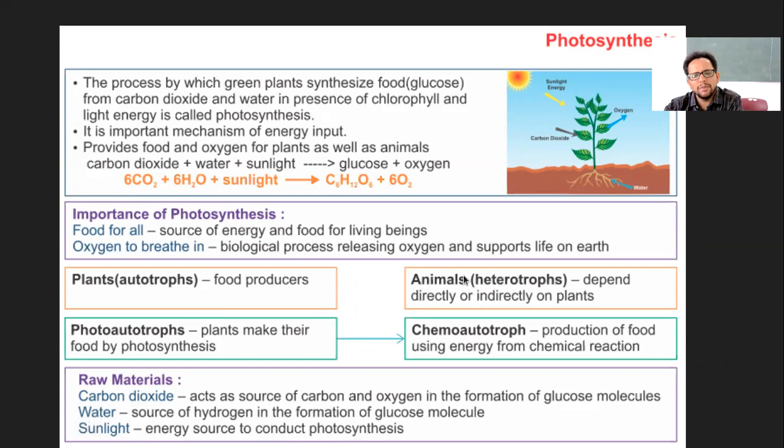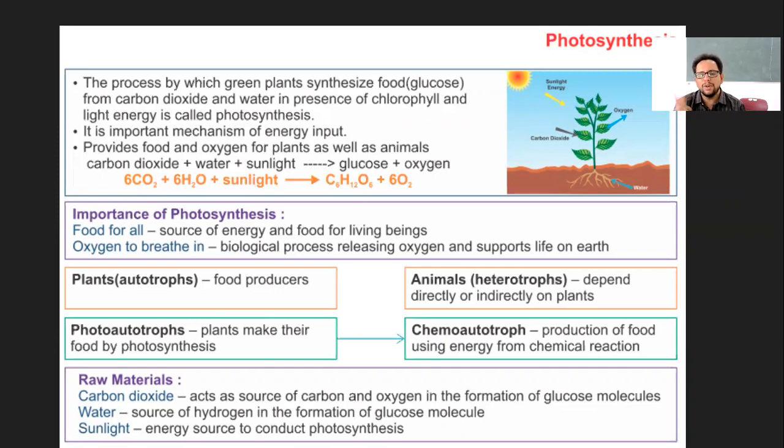And in heterotrophs, there are different types again. For example, what we call parasitic or parasites, again this terminology you know. And there is something called saprophytic. So parasitic is an organism which takes nutrition from another living organism. And saprophytic is the organism which will take the nutrition from dead, degrading or decaying organisms.